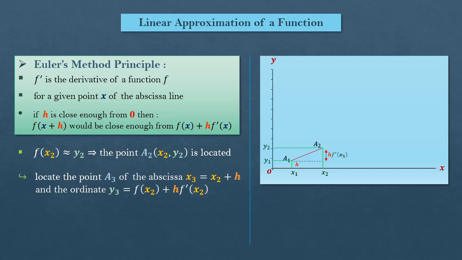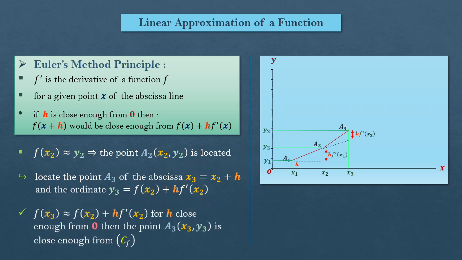Now in order to locate the point a3 that has the abscissa x3, which equals x2 plus h, and the ordinate y3, we set the ordinate y3 as equal to f(x2) plus h times f prime of x2. And once again, as according to our method's principle, we can get the value f(x2) plus h times f prime of x2 close enough to the exact value of our function f at the abscissa x3, which is f of x3.